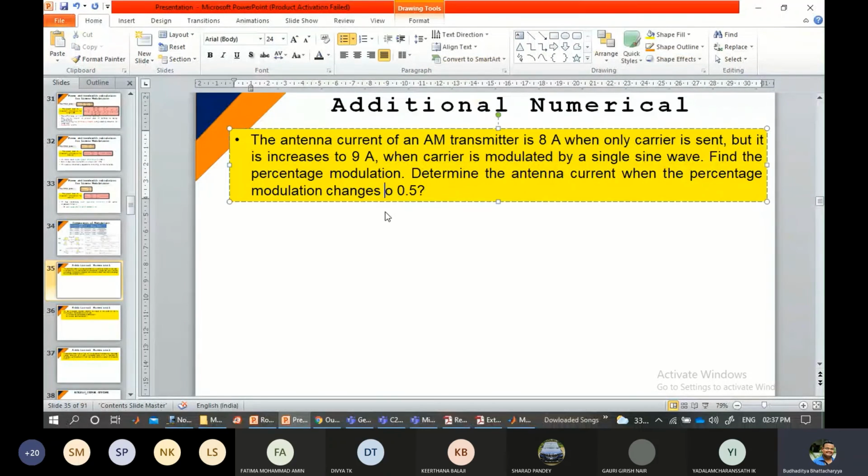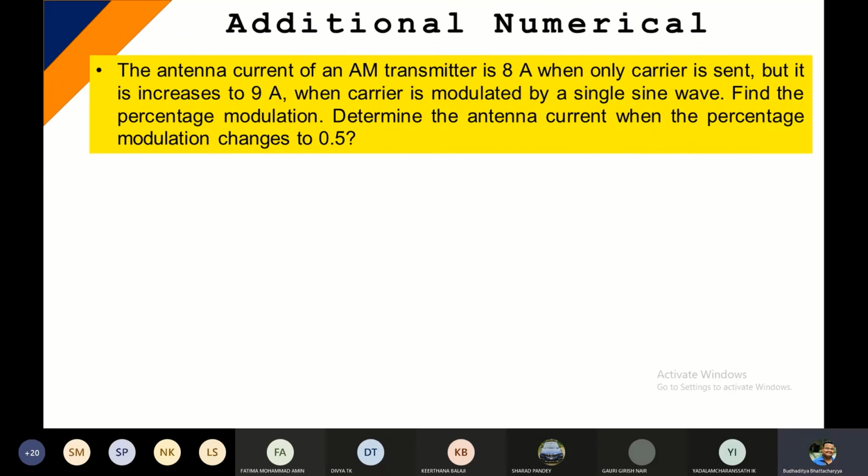Can anyone please guide me what kind of formula you are going to apply and how you are going to proceed? Please tell me. This is the question again, a very similar kind of question. I solved it in the class also. I told you that it's a special case of the power calculation or the index calculation. Does anyone remember what was the equation and why? How do I proceed with this?